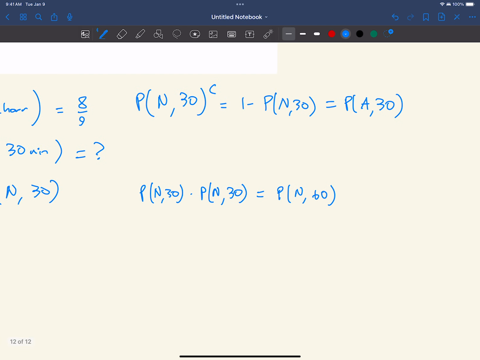So the probability of not having an accident in the first 30 minutes is the same as the probability of not having an accident in the second set of 30 minutes. And so we can just multiply the two to find the probability of not having an accident over a 60-minute period. So what we end up with is the probability of not having an accident over 30 minutes squared is equal to the probability of not having an accident over 60 minutes.